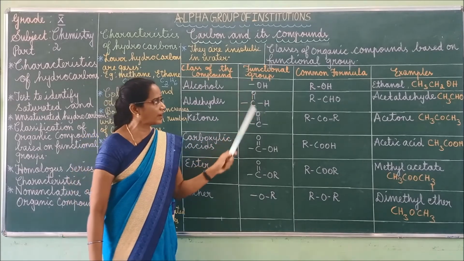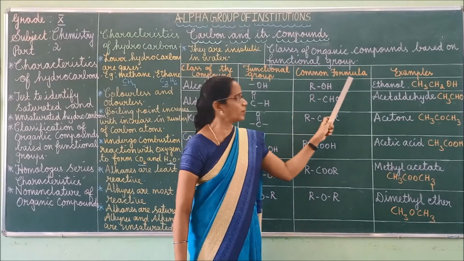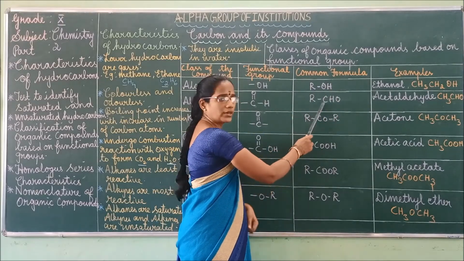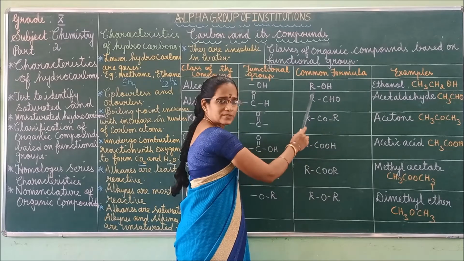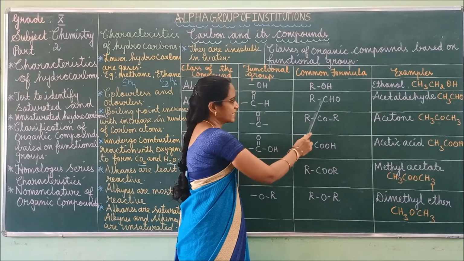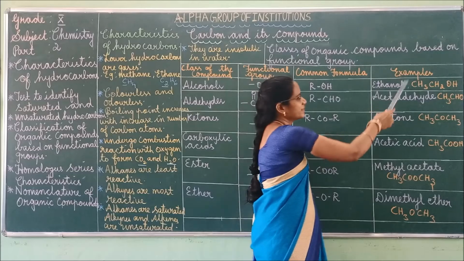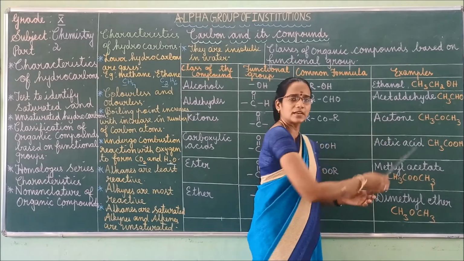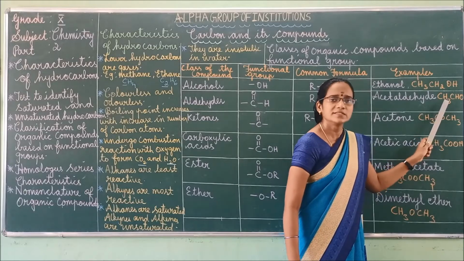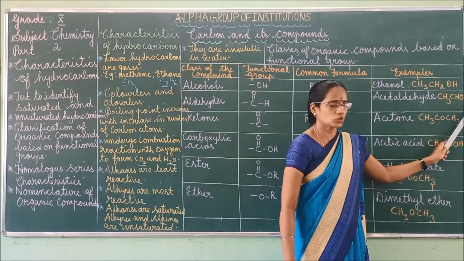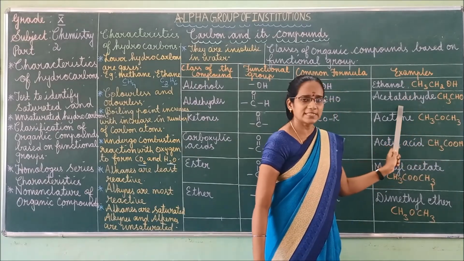The common formula is R-CHO. Leaving this functional group, the remaining is denoted as R. Example is acetaldehyde, and its formula is CH3CHO.